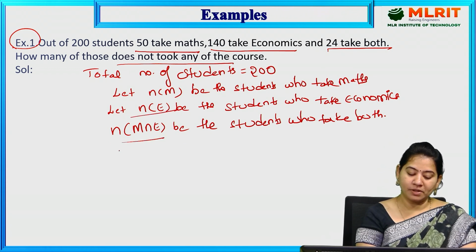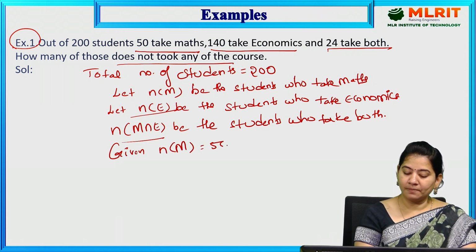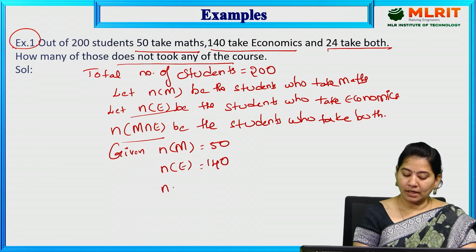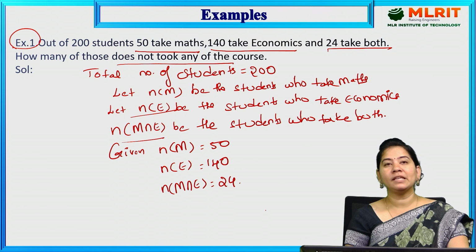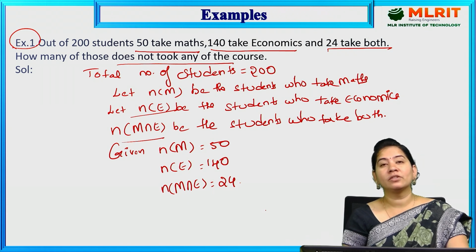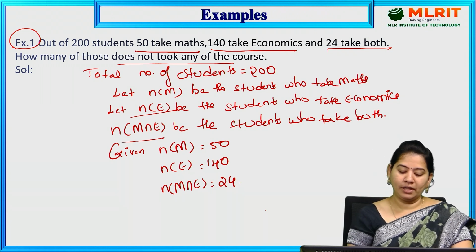Now if you observe, given n of M is equal to 50, n of E is equal to 140 and n of M intersection E is equal to 24. Now the question is, how many of those did not take any of the courses?